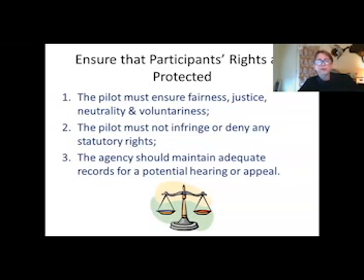Those types of rights shouldn't be infringed on by the pilot. The agency should also maintain adequate records for any potential hearing or appeal, and we want to hear in your proposal how you're going to do that.